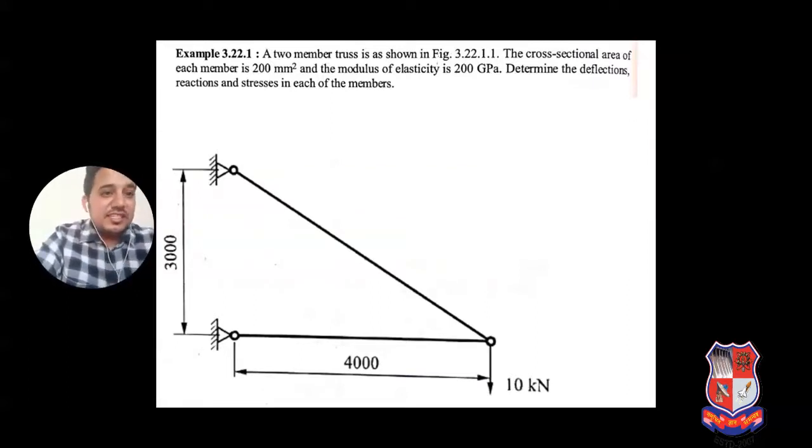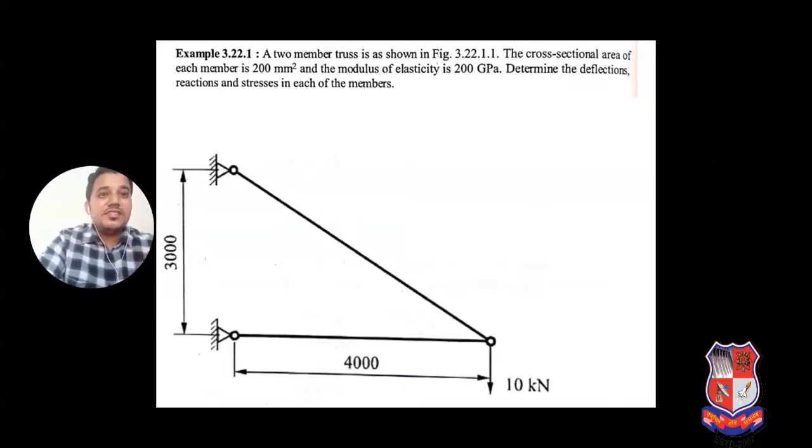Here we are considering the first example of truss analysis. A 2-member truss is shown in the figure. The cross-section area of each member is 200 mm square, and the modulus of elasticity is 200 gigapascal, which is related to the material property.